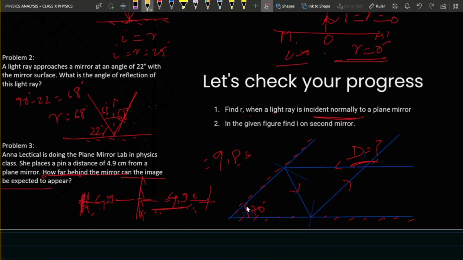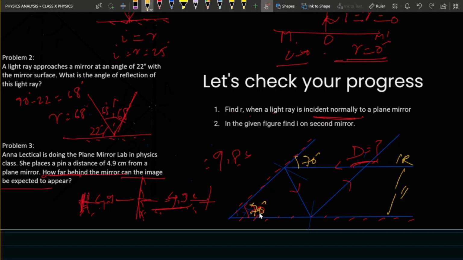See, if this is 70 degrees, then this will also be 70. Why 70? Because they are corresponding angles: these two rays are parallel to each other. This is given in the question: one incident ray is coming parallel to the second mirror.